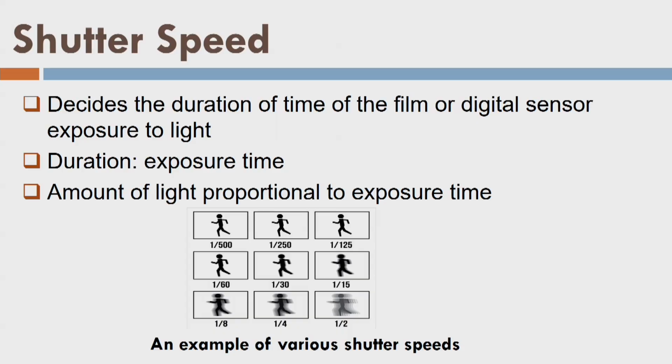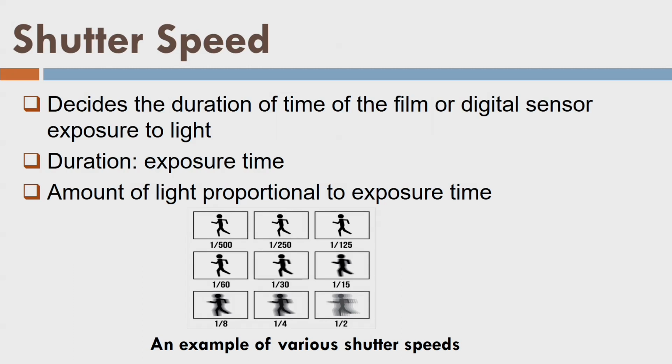Because if the shutter is open for a long time, that movement happens during that time and gets captured, and as a result you get a blurred image. What is the solution here? Open the shutter for very little time. So even if that movement happens, it is so small that it will appear as a static object, right? So that is the operation of the shutter.